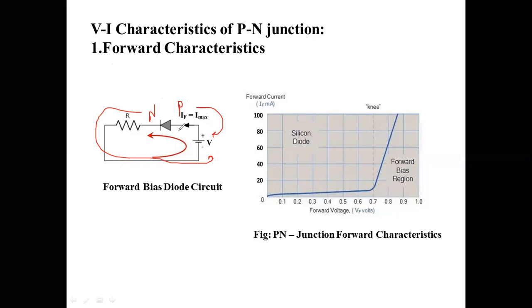It is on, and voltage is considered positive because current is flowing from positive to negative terminal. Here it is an on state, therefore V is positive and I is also positive. Current flows through the diode, and V and I both are positive.